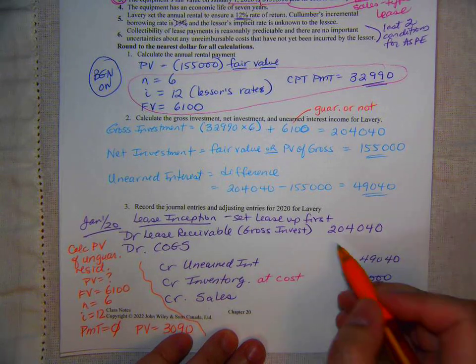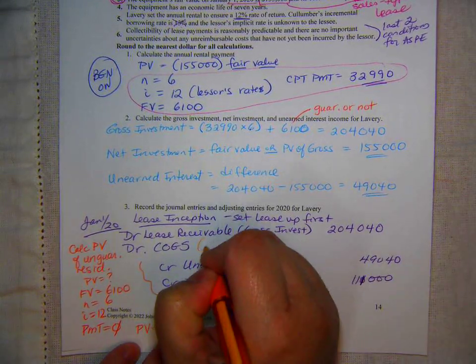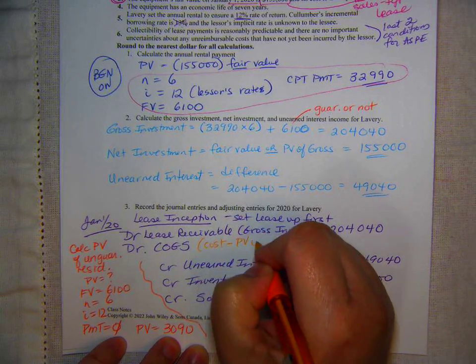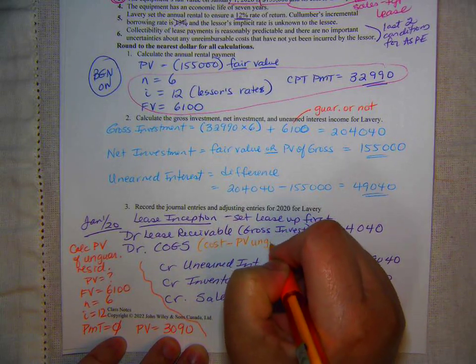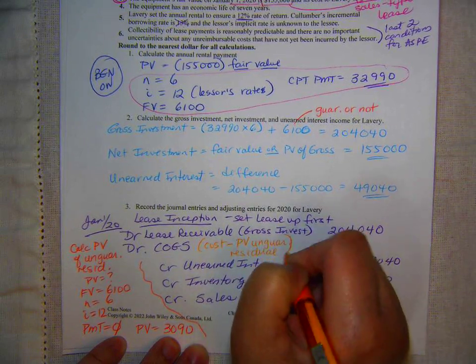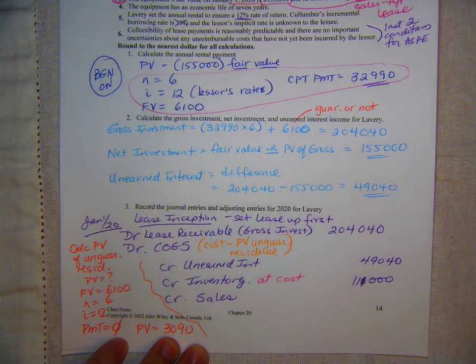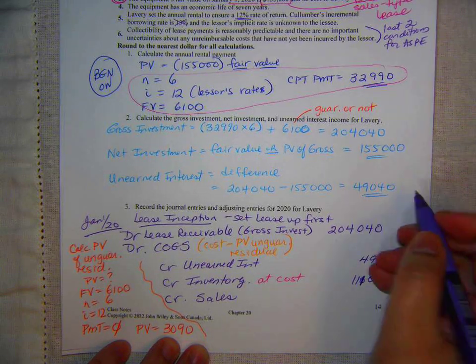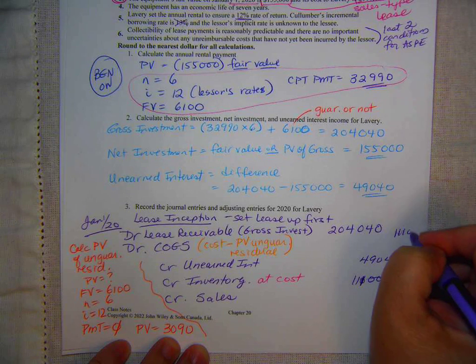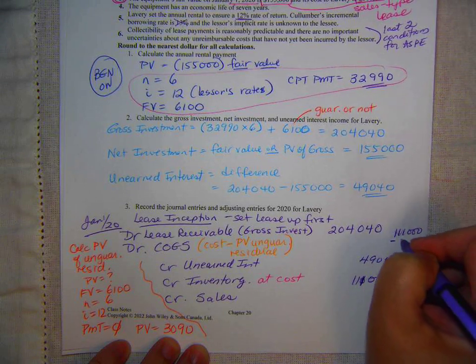So our cost of goods sold is going to be cost minus the value of unguaranteed residual. So that's going to be 111,000 minus 3,090.